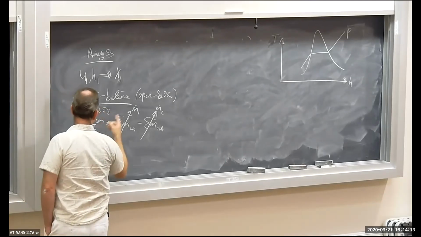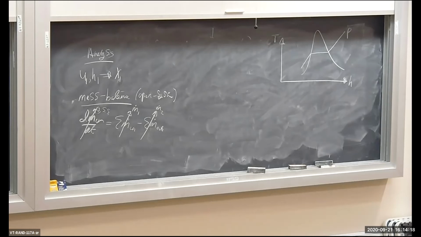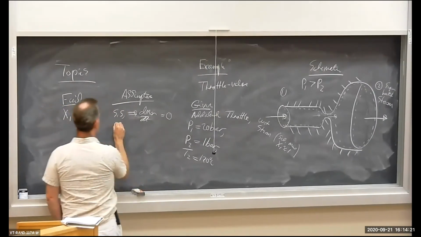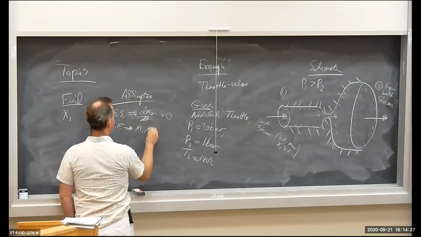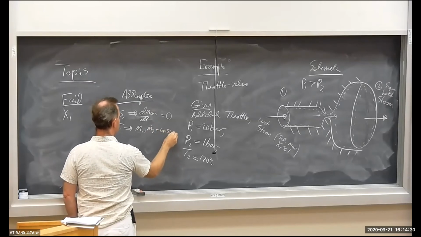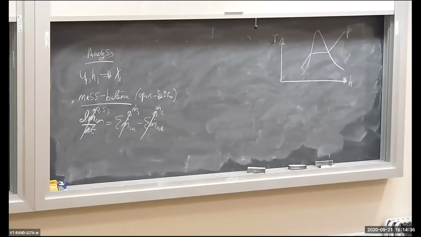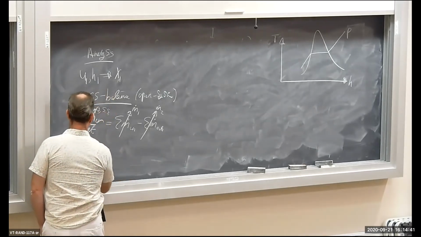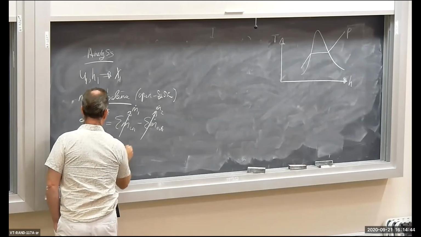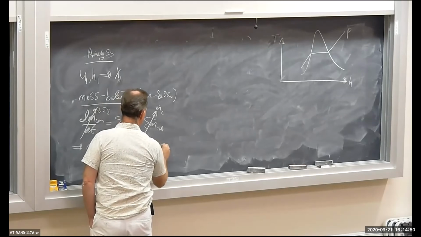If I assume steady flow, then these mass flows don't change in time either. So I'll write steady flow, SF: m dot 1 and m dot 2 are constant. No change with time. So this says 0 is equal to m dot 1 minus m dot 2, or m dot 1, the inlet flow, equals m dot 2, the outlet flow.